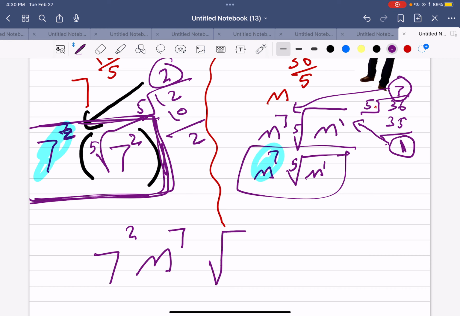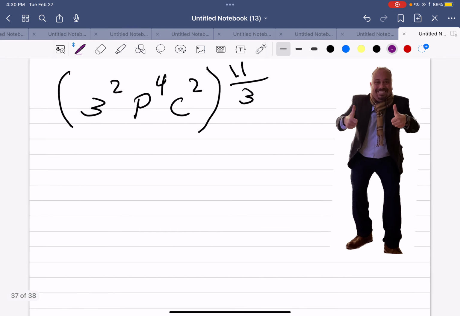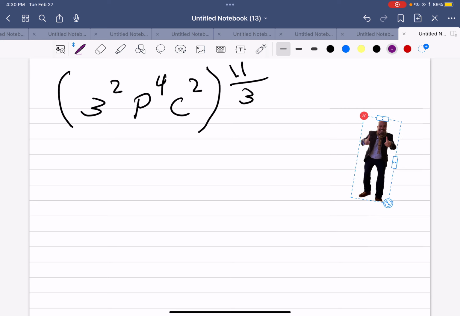Then I'm going to put my radical and put the numbers inside the radical together, which is this one and this one. So inside is going to be also 7 squared, m to the first power. And don't forget the degree is 5. And that's it.